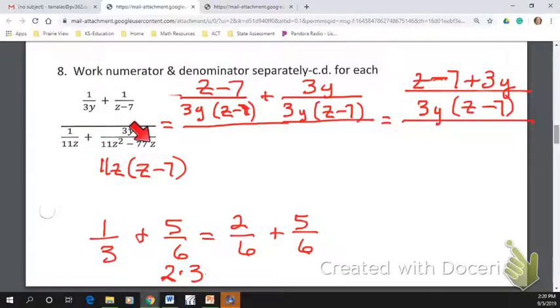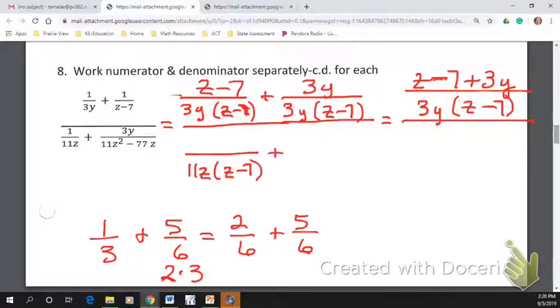Since this is contained within this, this is going to be my common denominator. So my common denominator is 11z times z minus 7 for the two separate fractions. What did I have to multiply this times to get this? A z minus 7. So I take this 1 times a z minus 7.